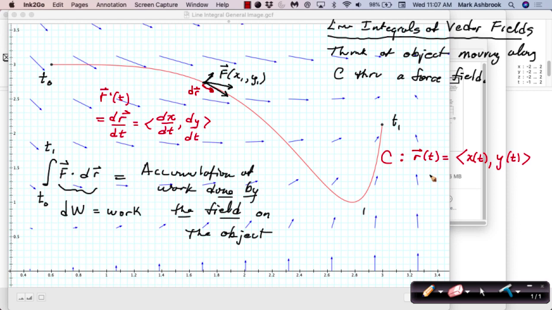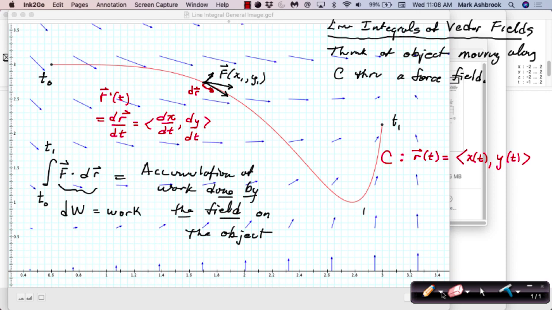Okay, so what do we need to do? We'll need to make sure we have our vector function of our curve defined correctly. We worked on that in the first couple of weeks. And then we're going to set up this integral, but we have to write it to solve it. It's a single integral, so it has to be in terms of t. So we have to write our vector function in terms of t. And what is dr going to be?